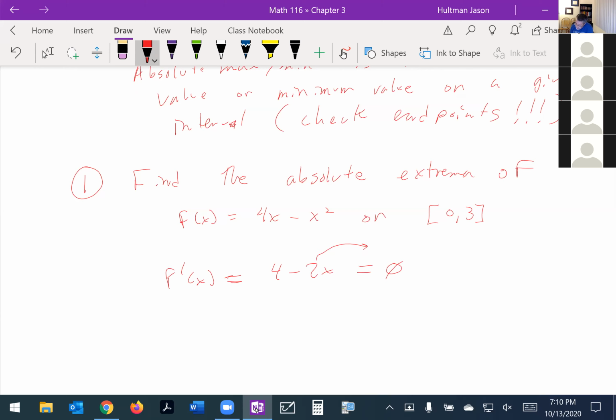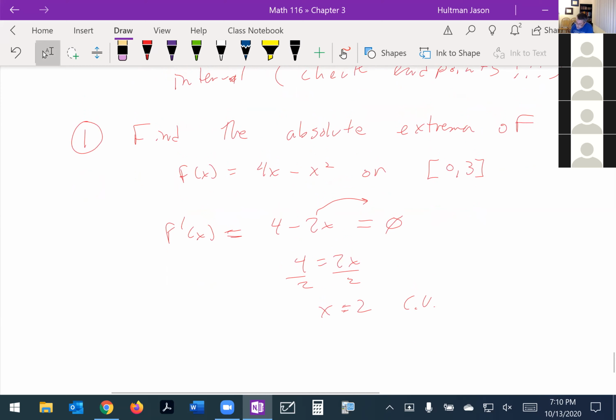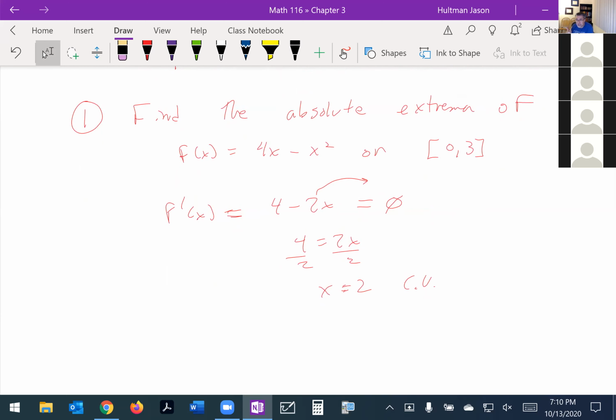If I toss 2x to the other side, I get 4 equals 2x. Divide by 2, and I get x equals 2. That's my critical value.